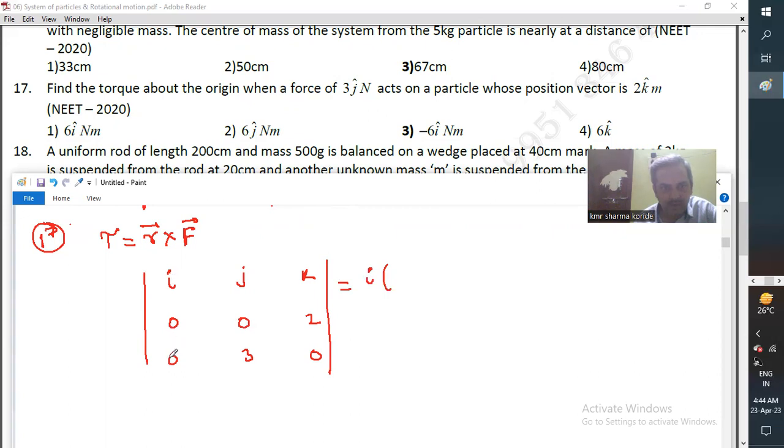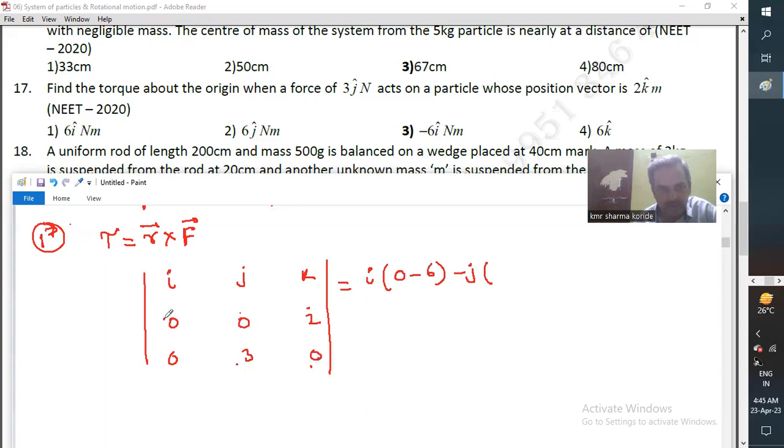So this is going to be I of. When you talk about I, you should forget this column and this row. So 0, A, B, C, D: AD minus BC. So BC is 6. Minus J: when you write J, take the column under J and its row.